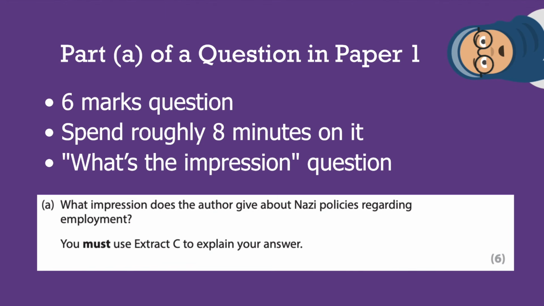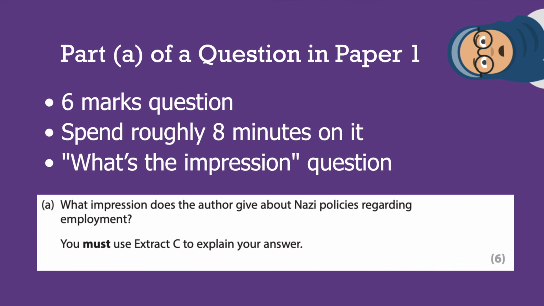You must use extract C to explain your answer. As you can see, they have bolded must, which shows how important it is to use extract C to explain your answer, and if you don't use it, you're not going to get any marks because that's the main question. The question is about the extract, so if you don't use it at all, it's not going to get you any points. So this is just a brief summary of part A.